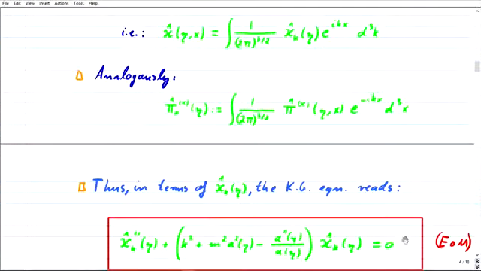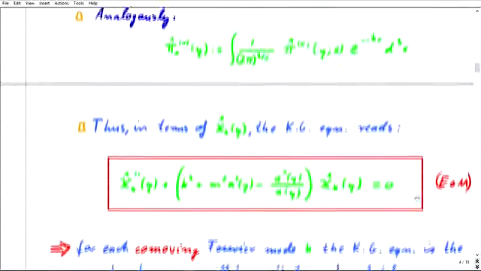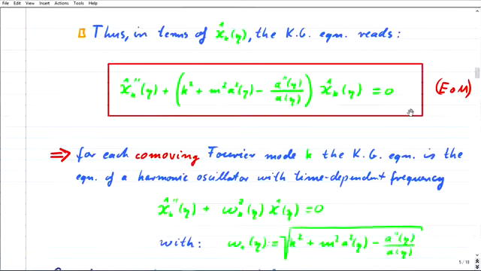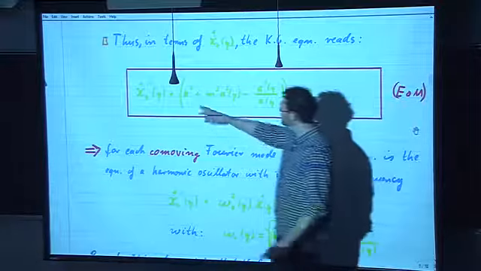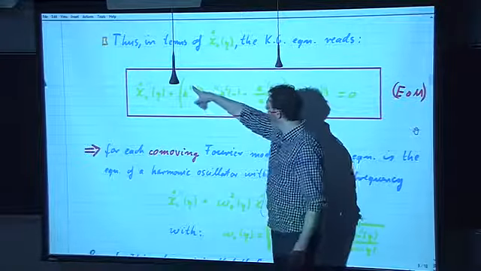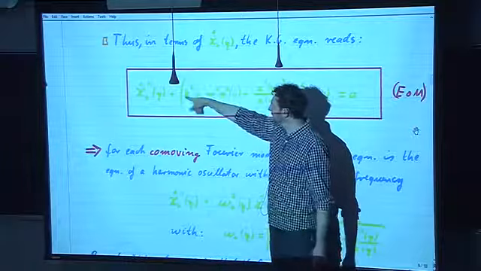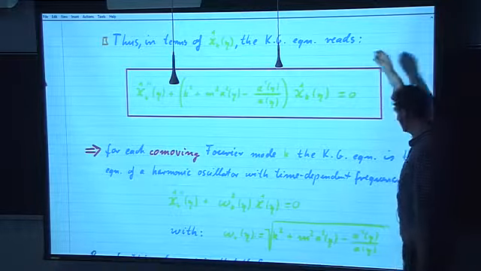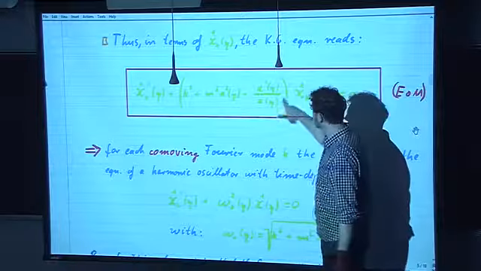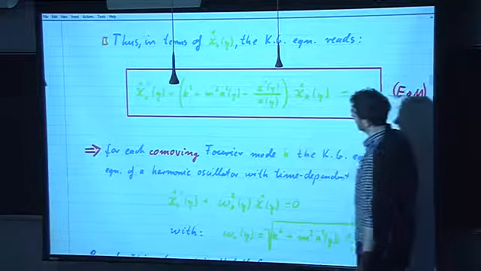And analogously, we define the Fourier transform for the canonically conjugate momentum field with exactly the same formulas. So, in terms of the Fourier transformed field, the Klein-Gordon equation therefore takes this form. Second time derivative plus, and this used to be the Laplacian, second space derivatives is now just a k squared, and then here we have this time-dependent mass term.